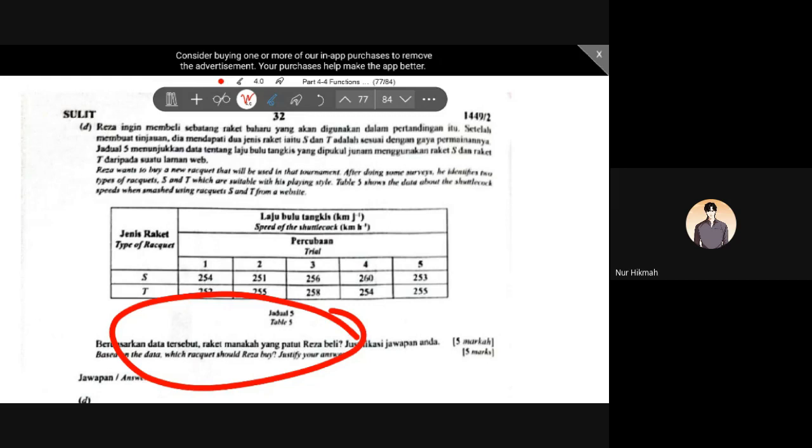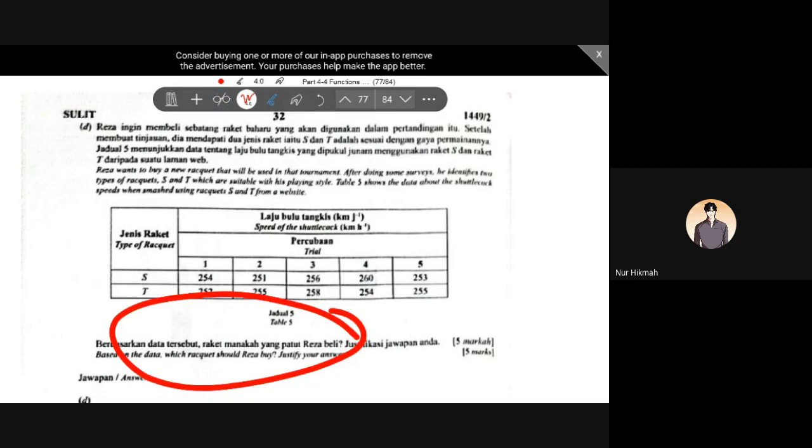Anyone form 5 here? You all should know which chapter this one is in. Ada clue tak? If you don't know, please tell don't know. Sebab kamu kena kenal pasti bab dulu, baru boleh selesaikan soalan. I don't remember, it's okay. Sebab soalan tak clear sangat sebenarnya.